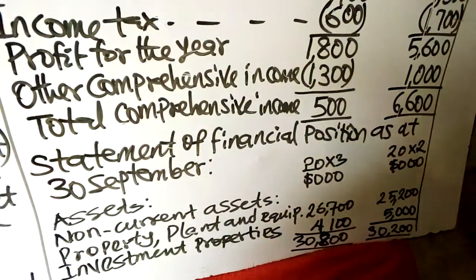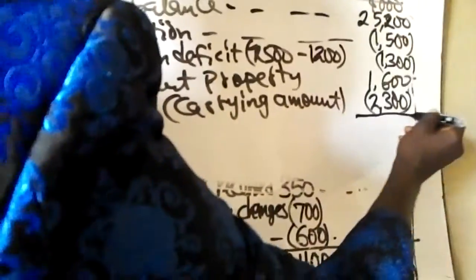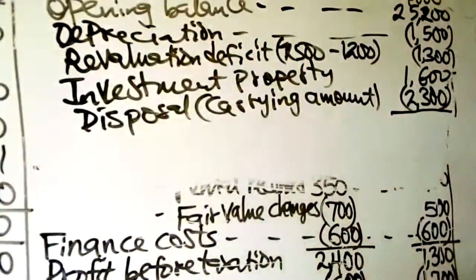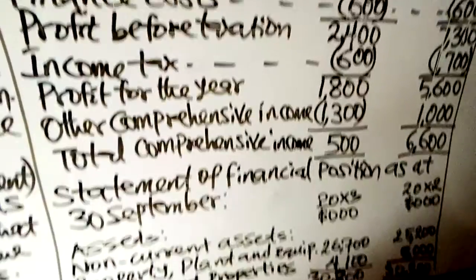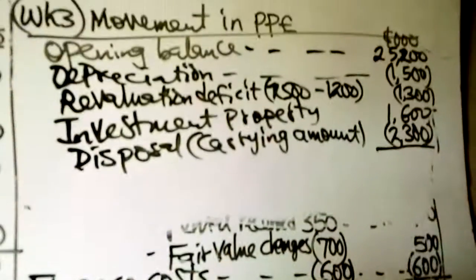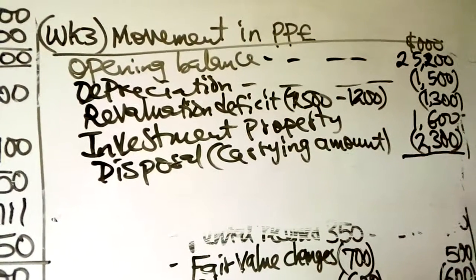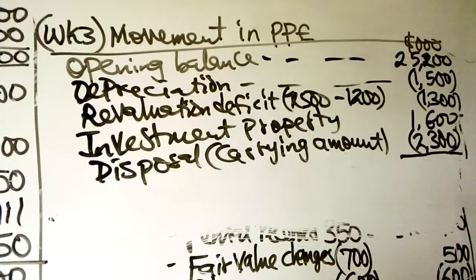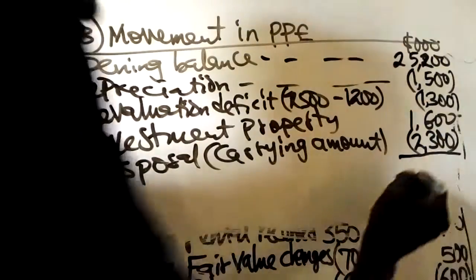Now, after all this adjustment, how much is your PPE? 25,200 minus 1,500 minus 1,300 plus 1,600 minus 2,300. Our PPE ought to be 21,700.